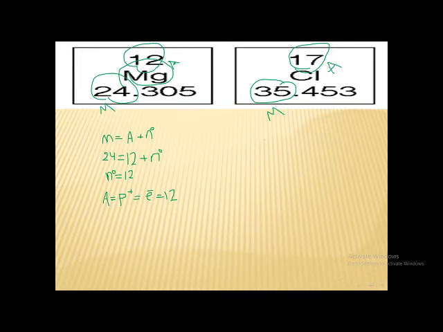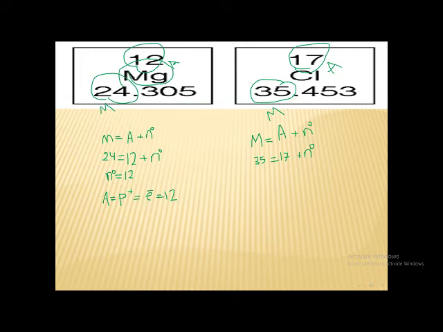Here again the mass number is equal to A plus N, the number of protons plus the number of neutrons.